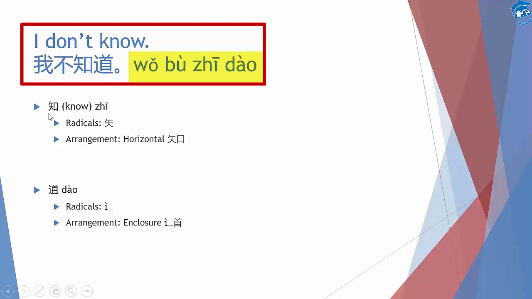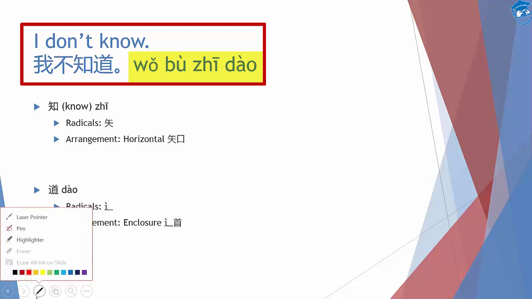So here are the details of the individual characters. 知 is know in general. It can stand on its own. This is the pinyin. The radical is this one, the one on the left. The arrangement is horizontal with a left and right component.